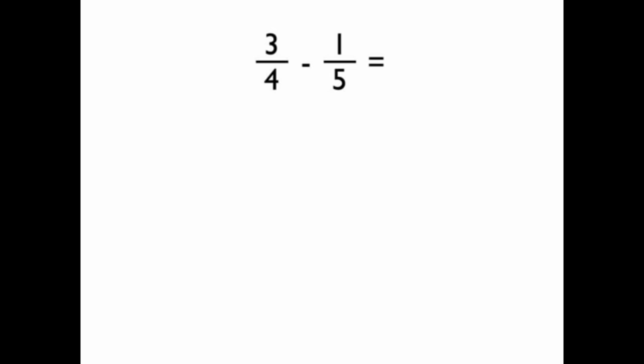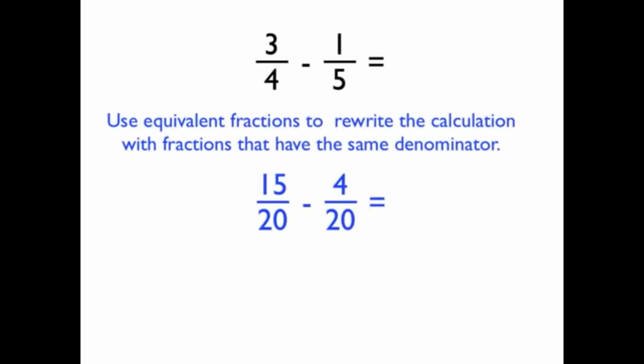So just to conclude what we've learnt in this lesson, I'm going to do one more example where I explain the process one more time. If we've got 3/4 subtract 1/5, the first thing that you have to do is use equivalent fractions to rewrite the calculation with fractions that have the same denominator.